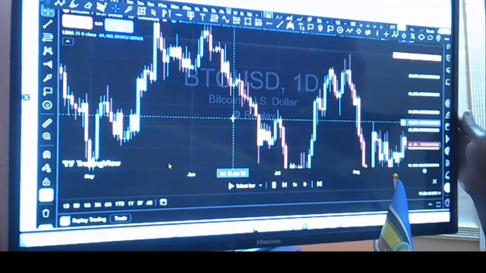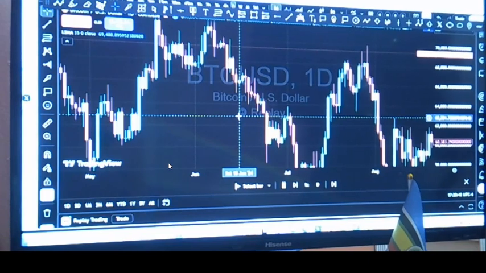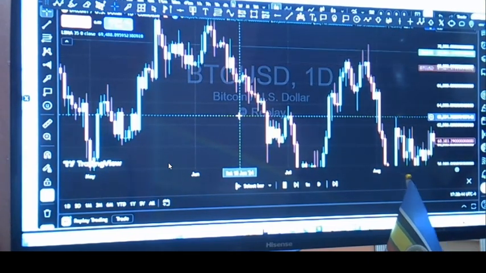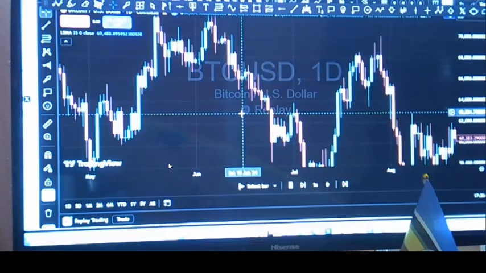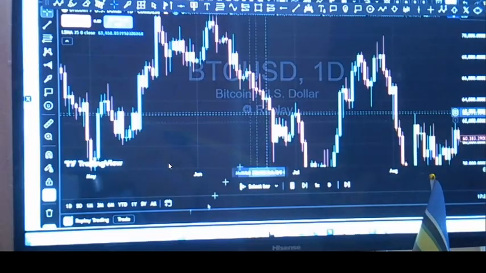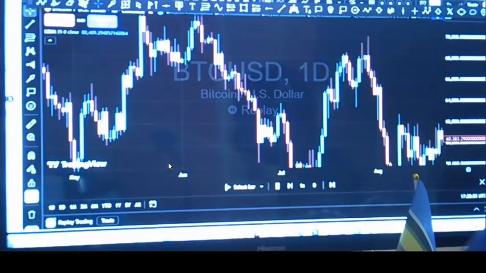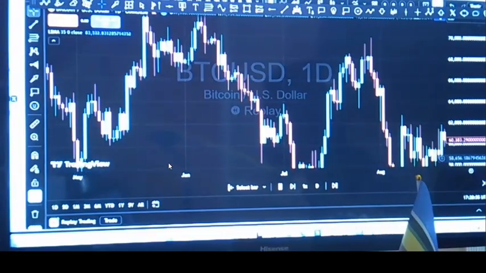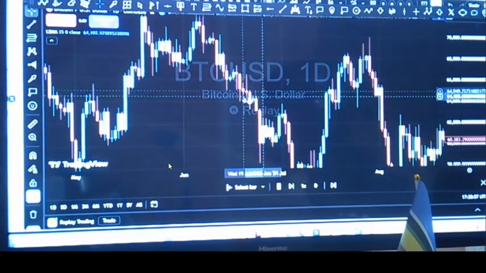This chart is visible there. We are in the replay mode, as you can see, it is indicating the play mode here.